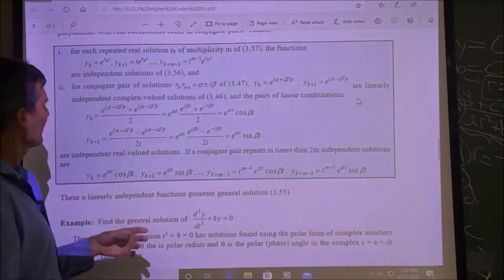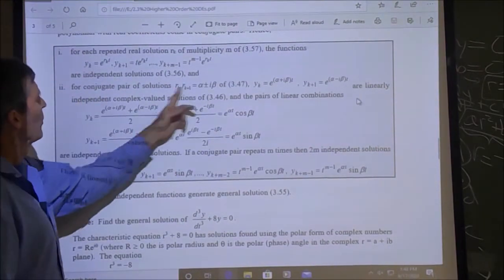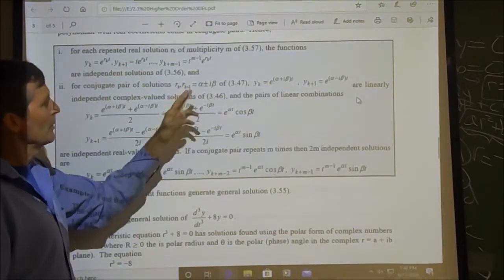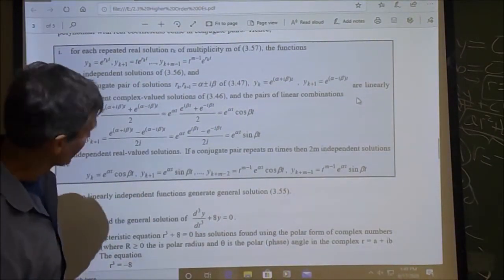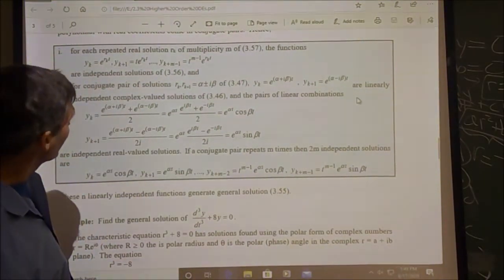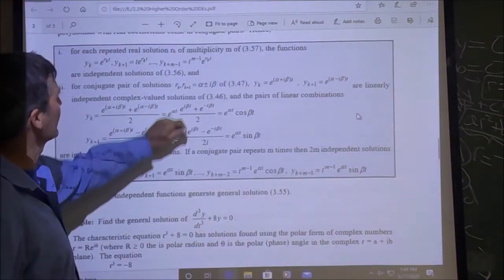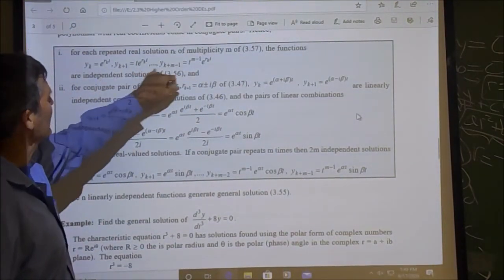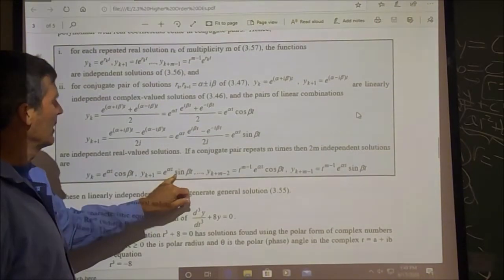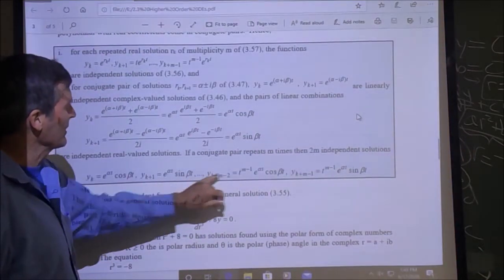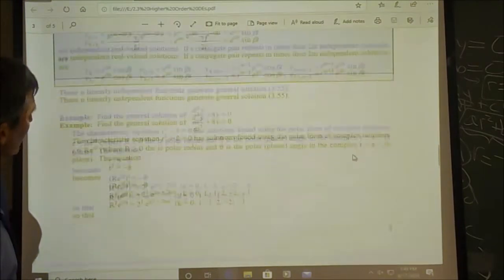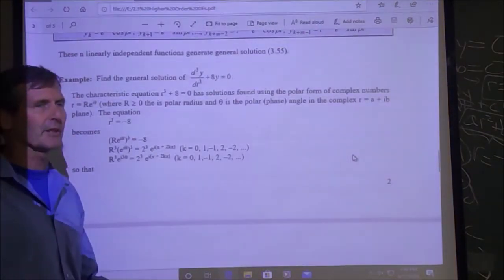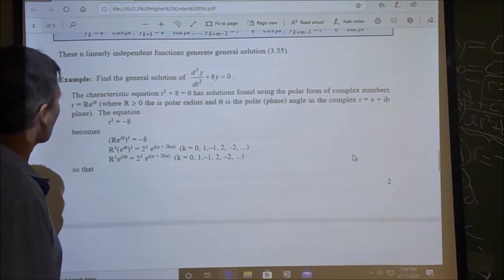But the point is, you do that until you get one for each repeating r here, and you can come up with always n independent solutions that are either exponentials times powers of t, or exponentials times sines, exponentials times cosines times powers of t, and solve the differential equation. We aren't going to do anything beyond fourth order here, but I wanted you to see the general theory.